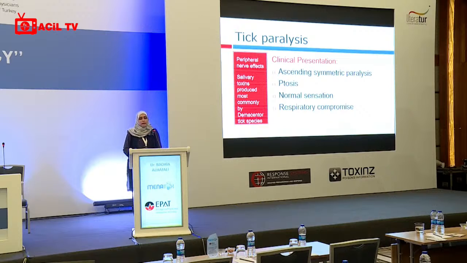Tick paralysis, again, is basically a peripheral nerve effect due to one kind of tick called the Dermacentor tick species, and these basically cause ascending symmetrical paralysis, ptosis, again normal sensation, and respiratory failure leading to death.